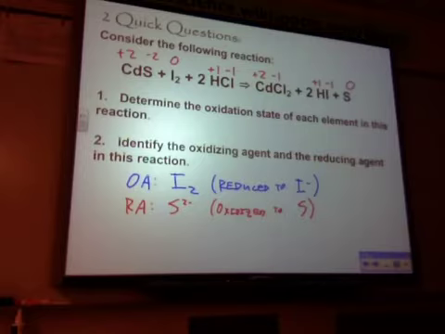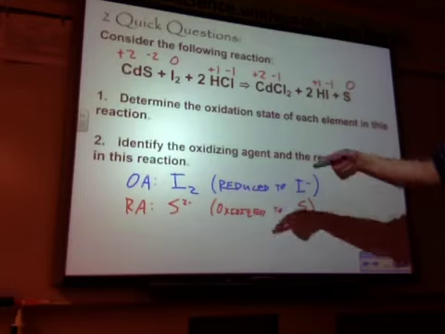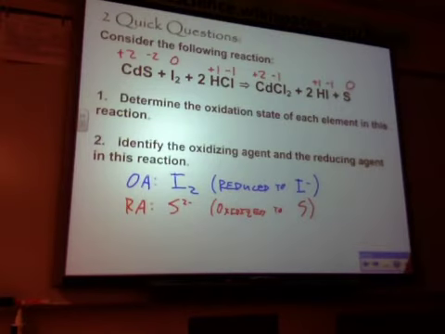Now, what about iodide? Well, because it's 0 and then it goes to -1. That means it's reduced. Okay, yeah, sorry. That's okay. All right. Now, the oxidation states of everything else in here remains the same, right? Okay.